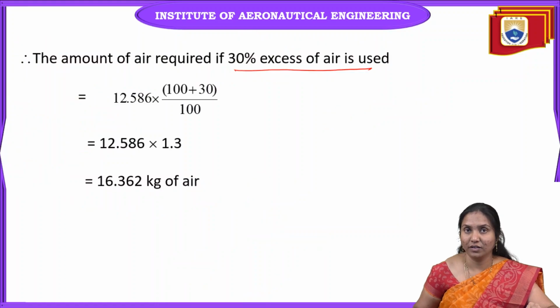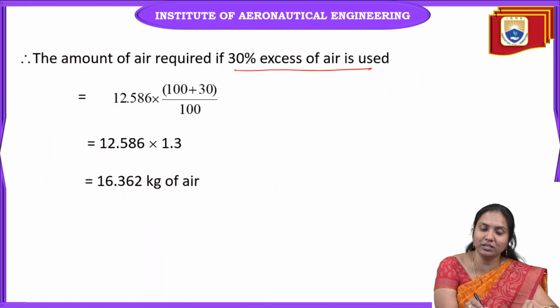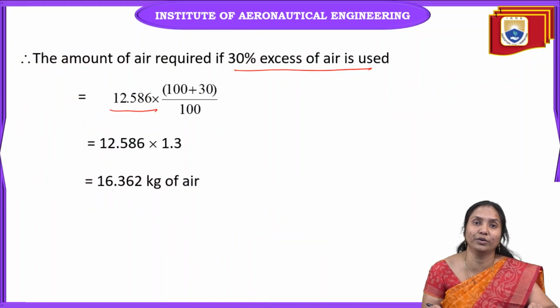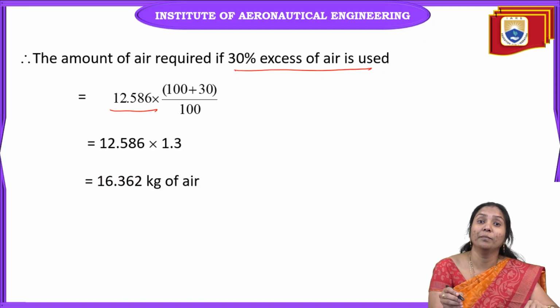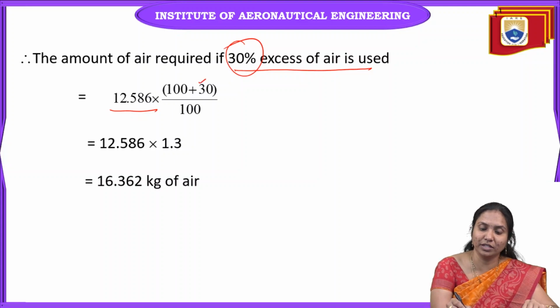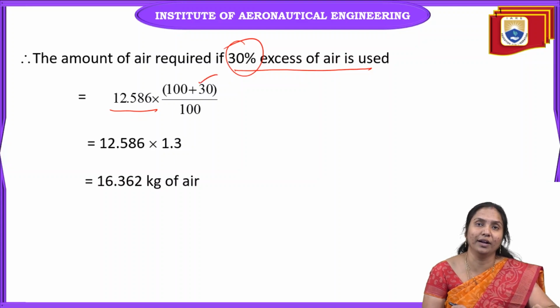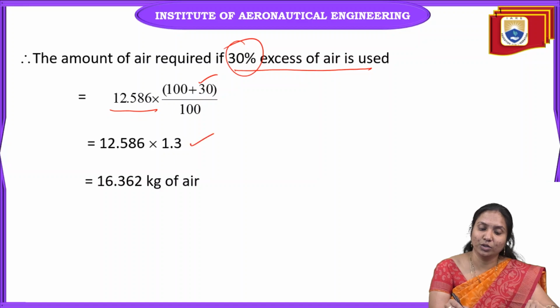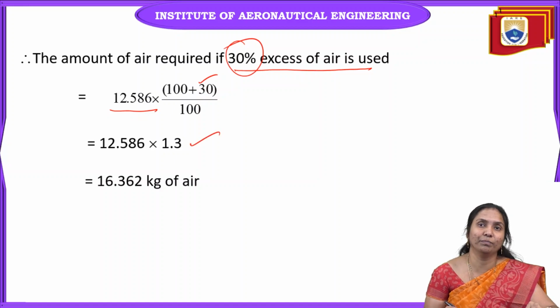Weight of air required is 12.586 into 100 plus excess of air is 30. So we can substitute here 30 by 100. So it's equal 12.586 into 1.3. So it's equal 16.362 kilogram of air required.